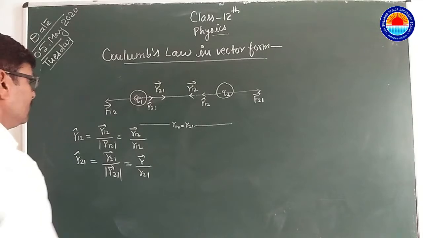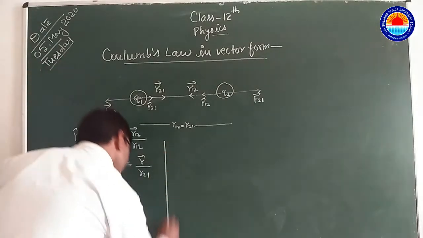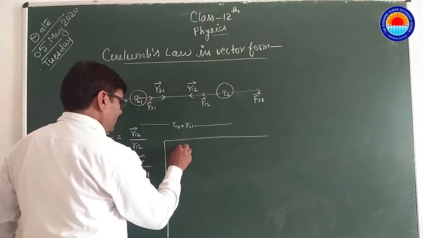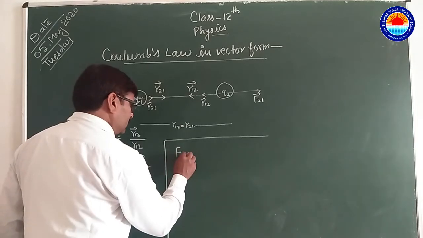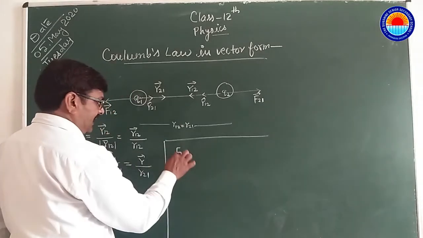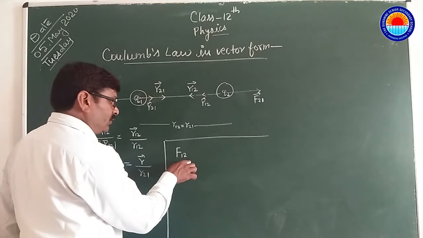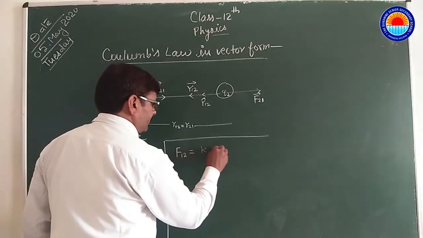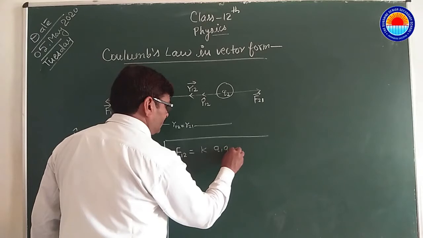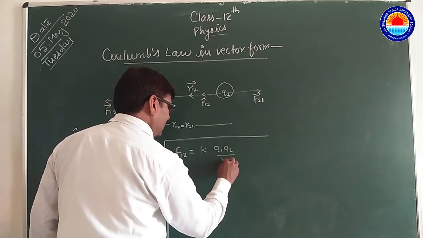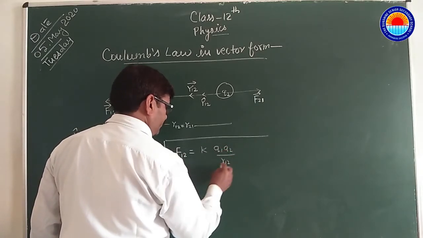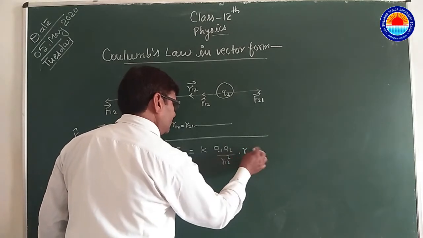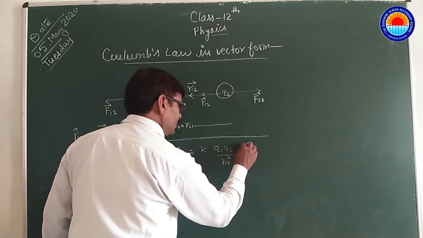That is, force F12, force on point charge 1 due to point charge 2, is equal to K Q1 Q2 upon R12 square into unit vector R12 cap.